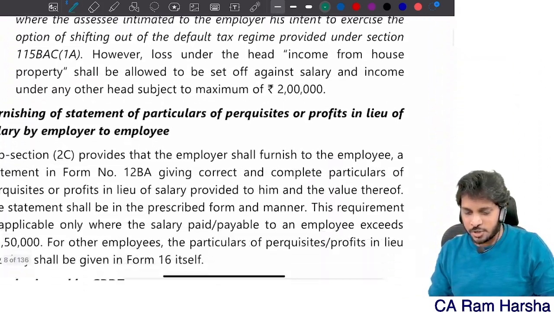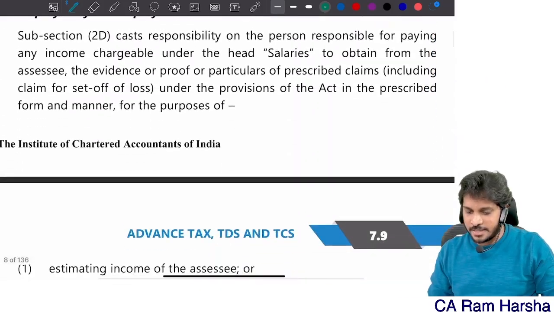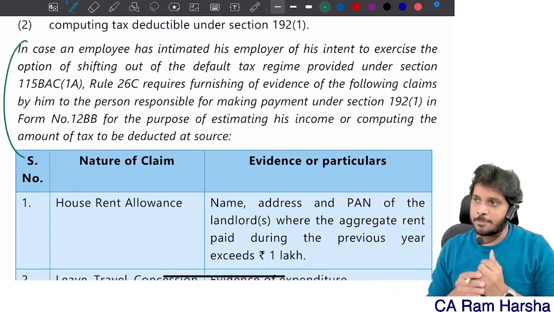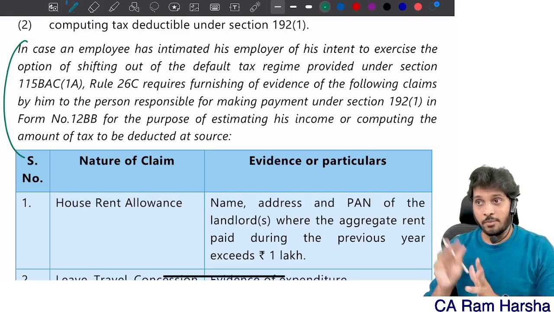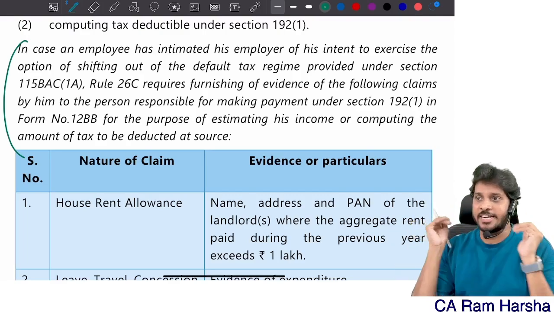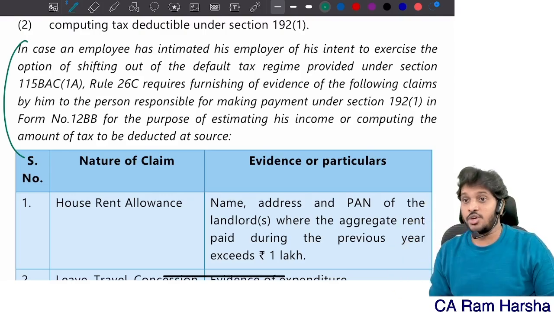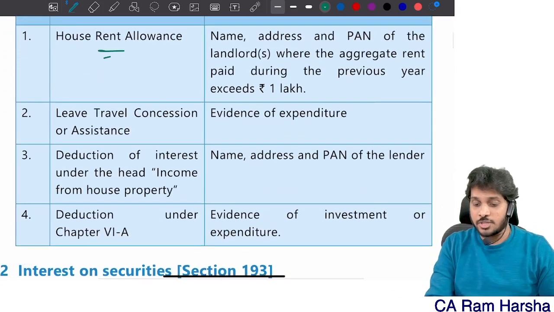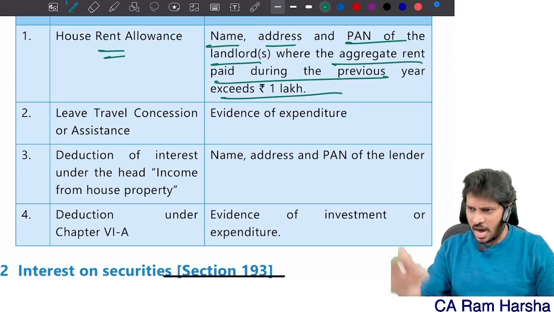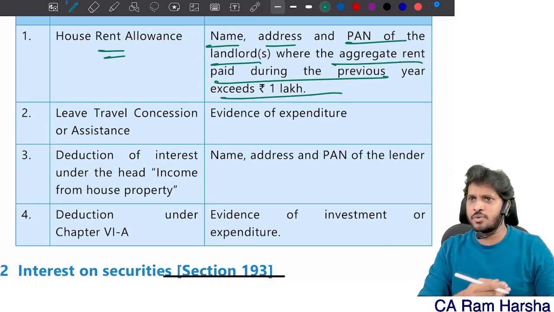Next, can I proceed to the next? Everything else is clear. Now, here one more thing. Suppose the employee says, sir, I want to go with the normal tax regime, not the default tax regime, and these are all my deductions. You need to ask for proof. For house rent, you need to ask the name, address, and PAN of the landlord where aggregate rent paid exceeds 1 lakh. Ask for the rental agreement and take the PAN number of the owner.